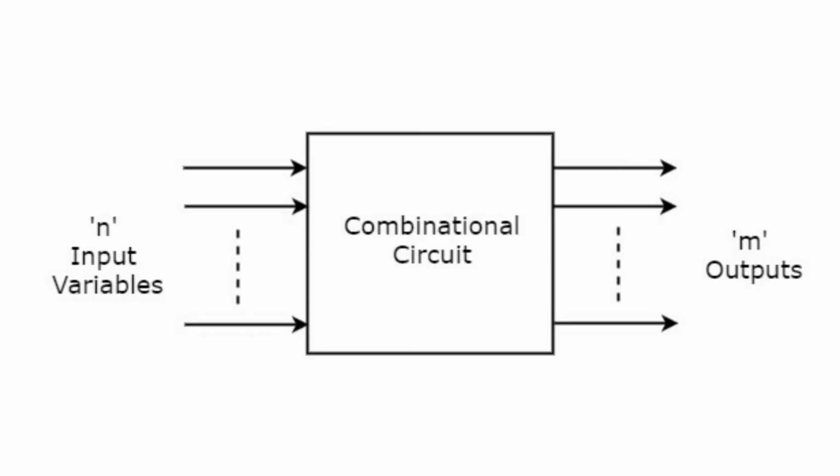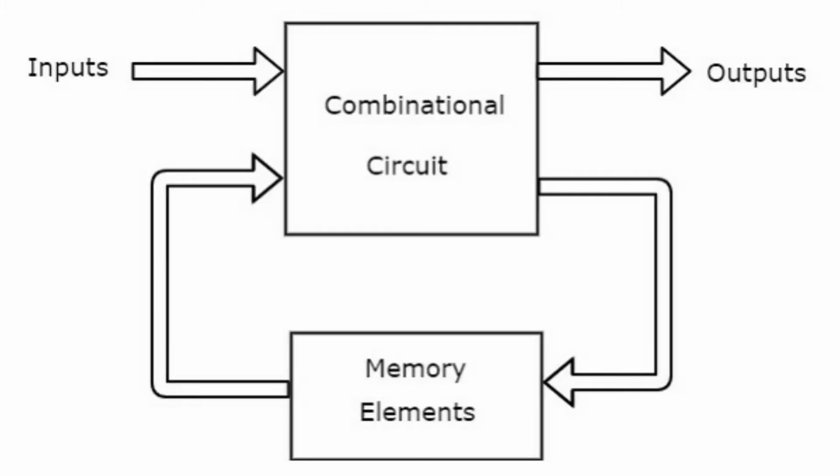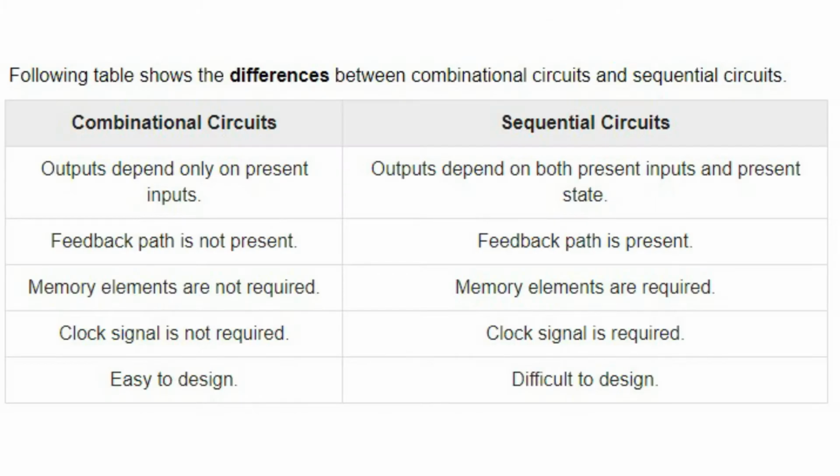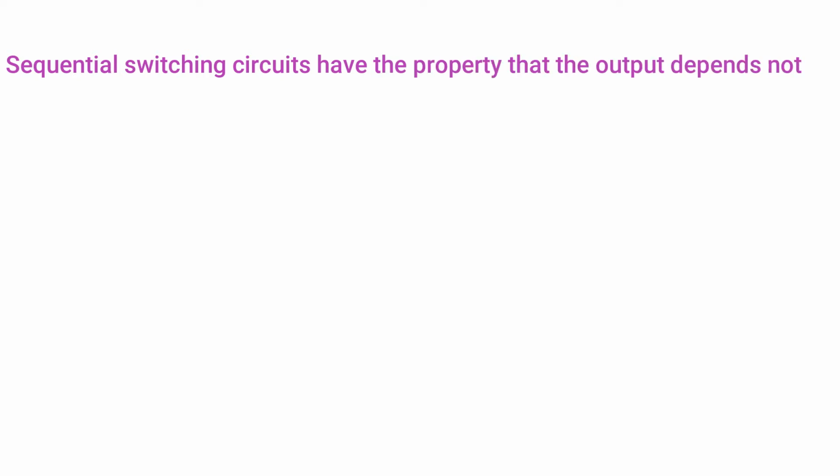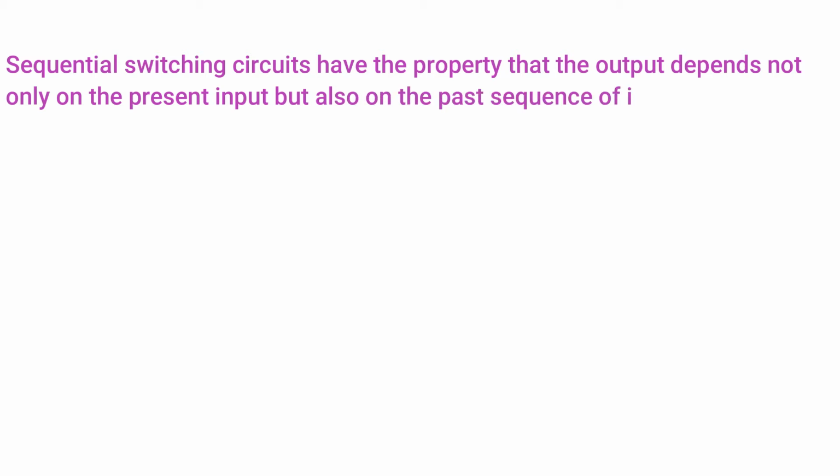So in my previous class, we discussed the basic understanding of combinational circuits and sequential circuits. We also saw the difference between a combinational circuit and a sequential circuit. So basically, sequential switching circuits have the property that the output depends not only on the present input but also on the past sequence of inputs.